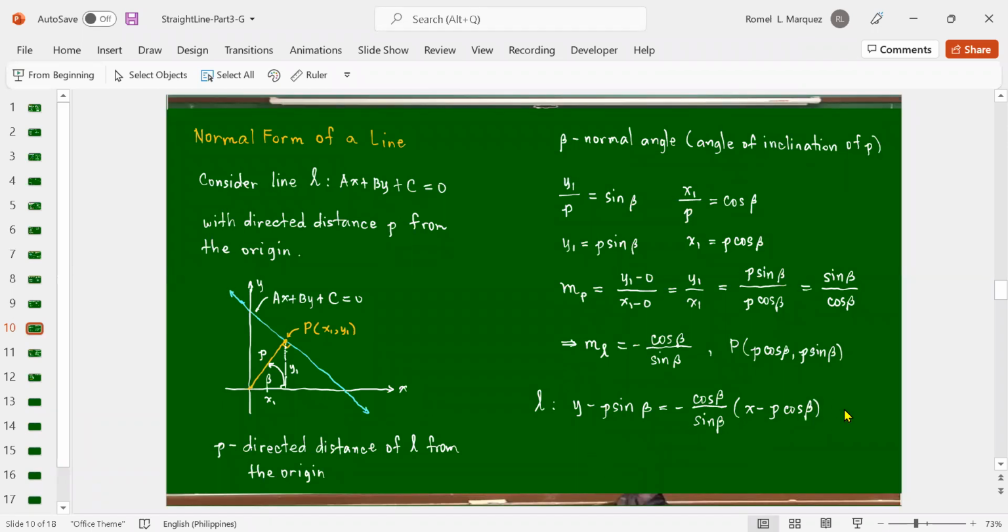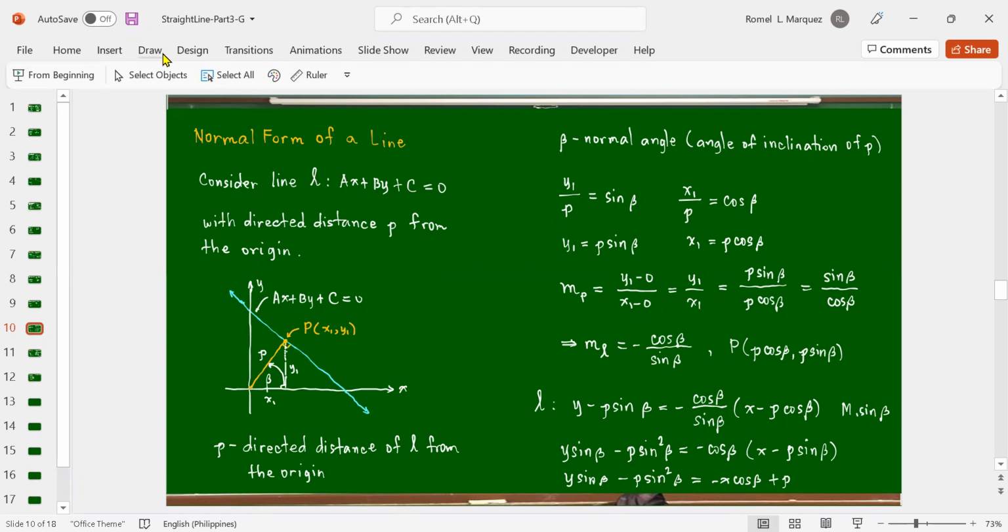If we multiply by sine beta on both sides, we get y sine beta minus P sine squared beta, and that is equal to negative cosine beta times x minus P cosine beta. Simplifying further, we have y sine beta minus P sine squared beta is equal to negative x cosine beta plus P cosine squared beta.